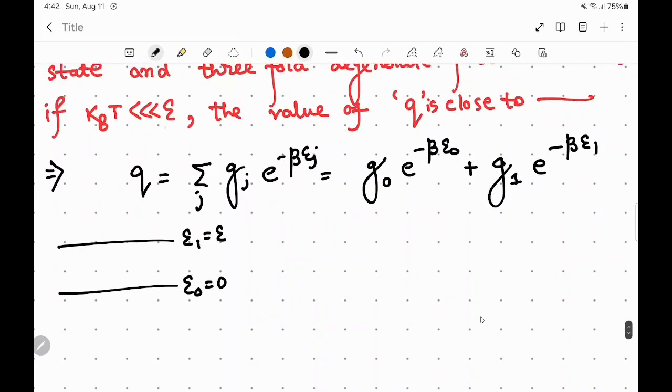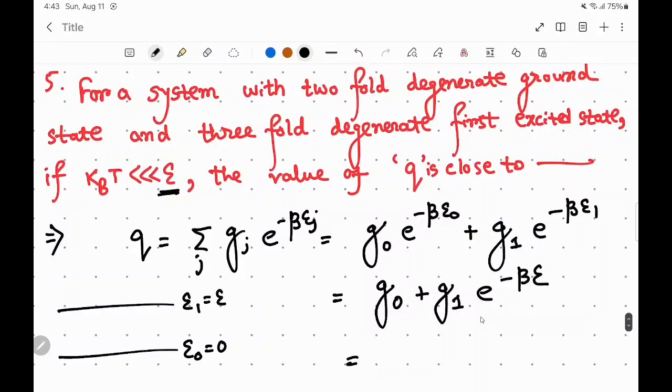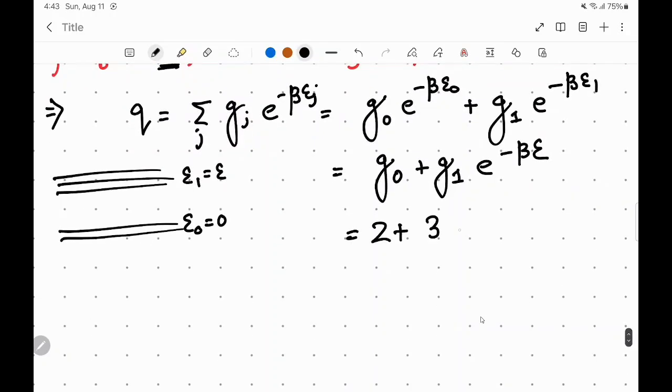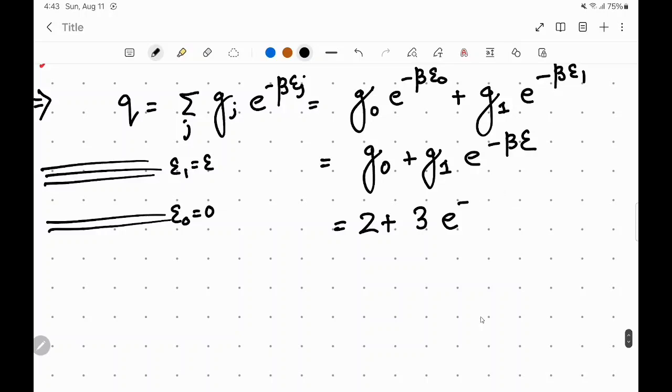Epsilon is given, meaning the energy gap. So e to the power 0 means 1, and it is G1 e to the power minus beta epsilon. G0 is 2, twofold degenerate, and this is threefold. So it is 2, and this is 3 e to the power minus epsilon by kBT. Just consider this.